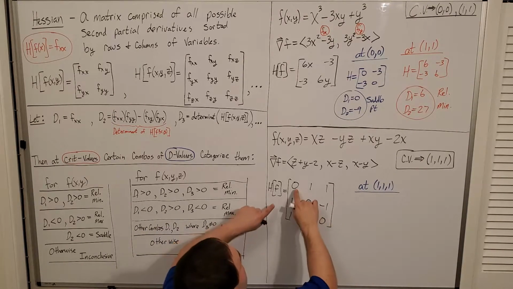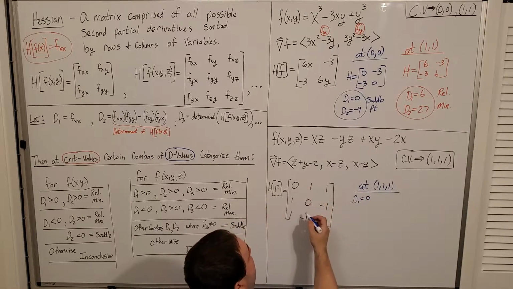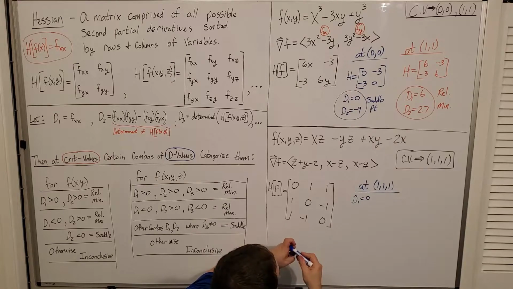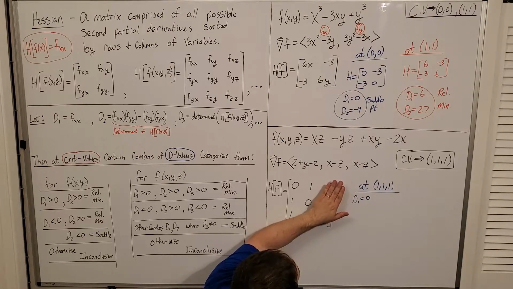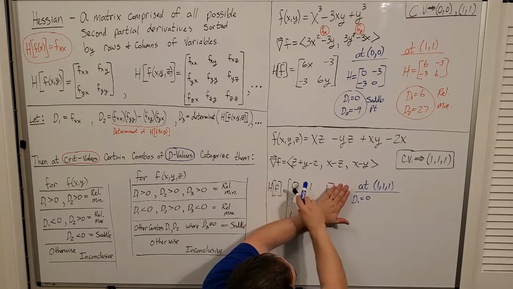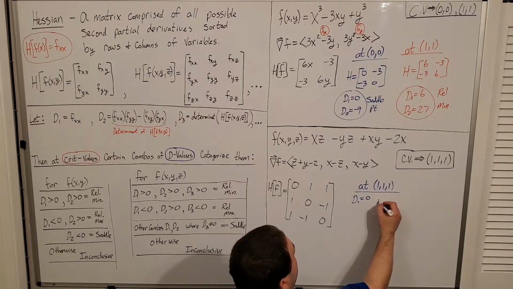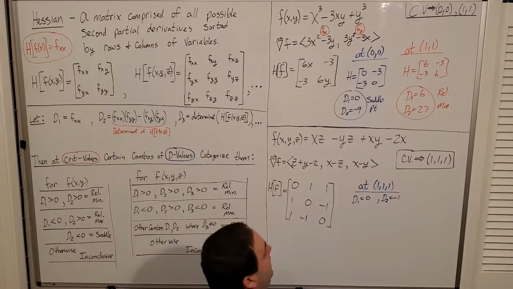D1, right, is 0. D2, if you just sort of look at it like this, like you block out, D2 is this determinant here, which would be 0 minus 1. So D2 is negative 1.